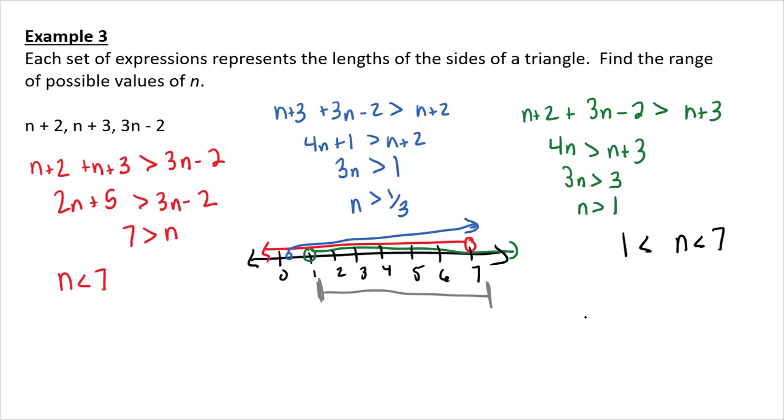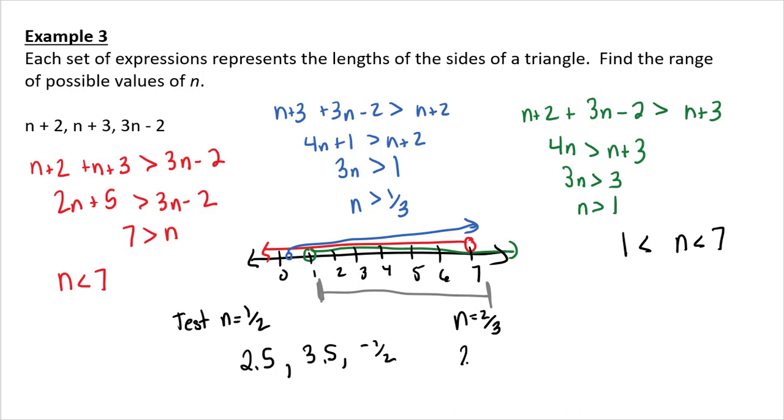Now, I kind of want to prove that to you guys. So let's test if n equaled 1/2. If n equaled 1/2, we'd have 2.5 for a side, we'd have 3.5 for a side, and we'd have negative 0.5 for a side. I can't have negative 1/2 for a side. If you think about it, what if I tried 2/3? Let's see what we get.